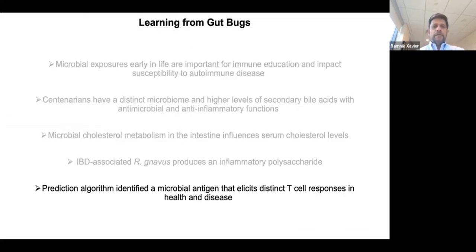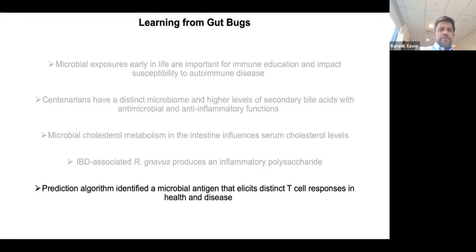So what I've told you today in the last 18 minutes or so is, briefly, starting with what the microbiome structure is in all of us, what some of the key features are, and how we study these bacteria.